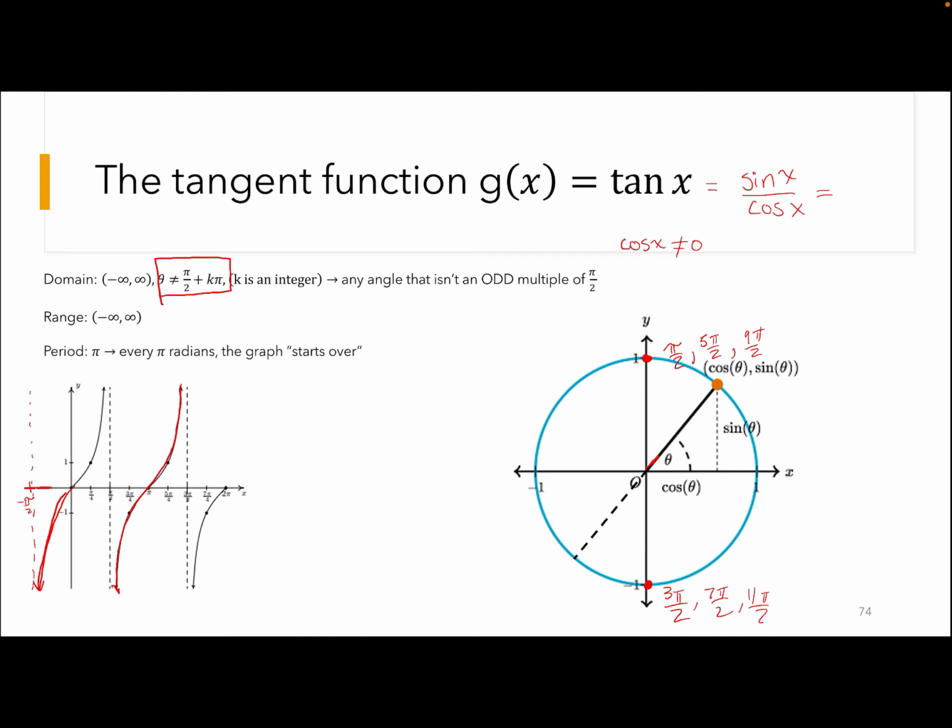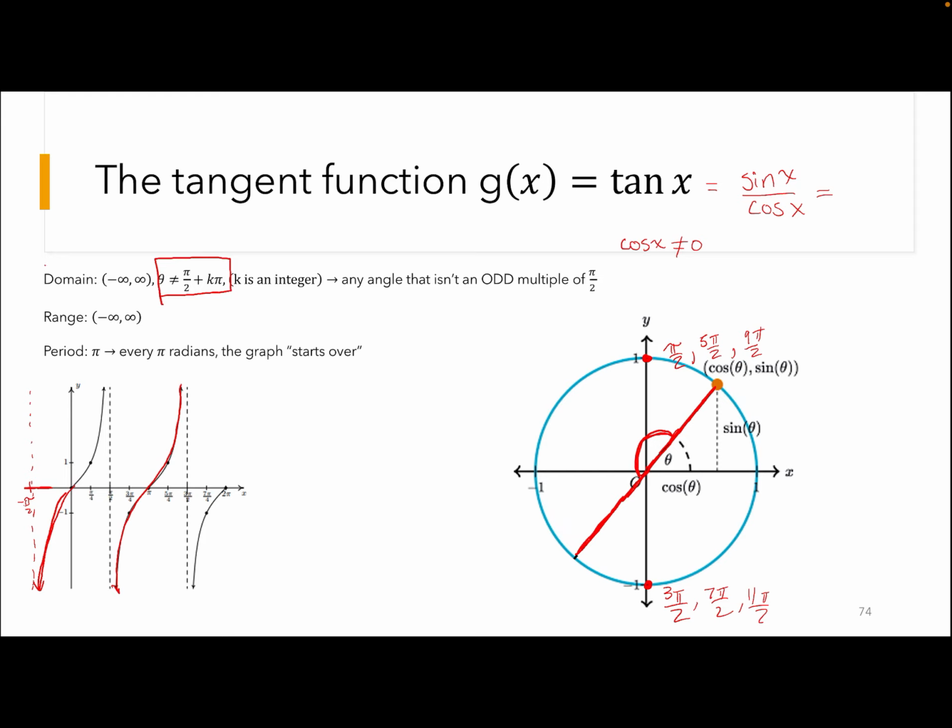So when we say the period is pi, the reason the period is pi is that whatever angle is made, like say in quadrant 1, then the line could carry through quadrant 3, and the slope of the line in quadrant 3 is going to be the same as the slope of the line in quadrant 1. And so obviously a straight line makes a straight angle, which is 180 degrees. So every 180 degrees or pi radians, you're going to start over the tangent function because you're going to repeat tangent values.